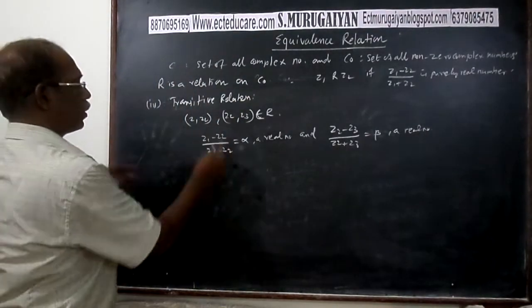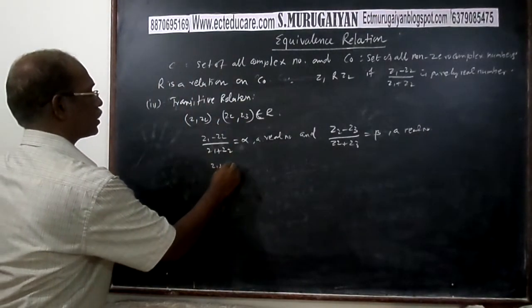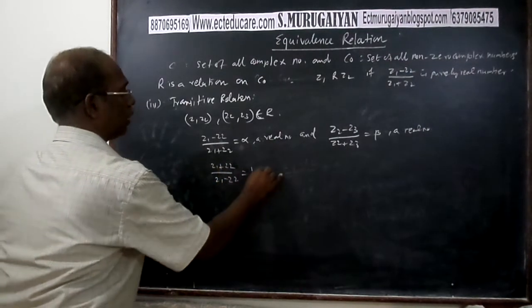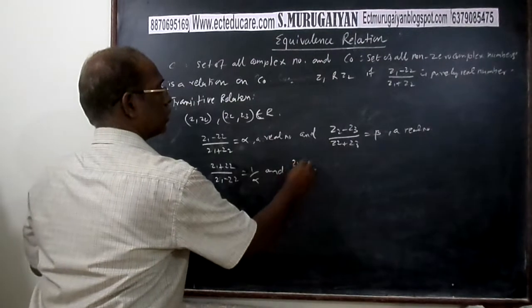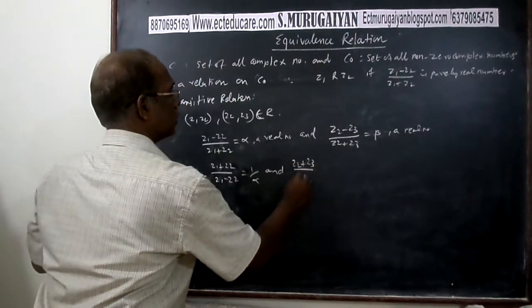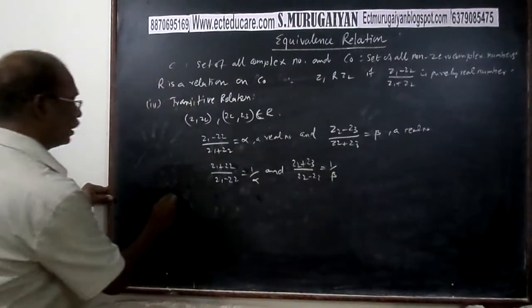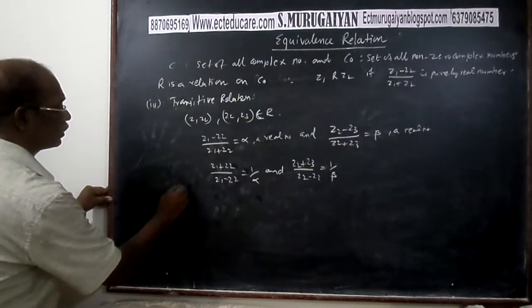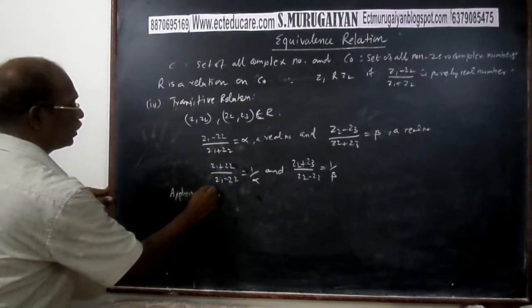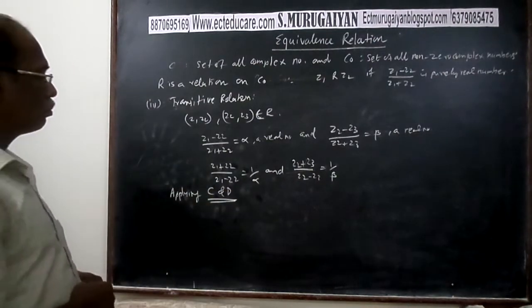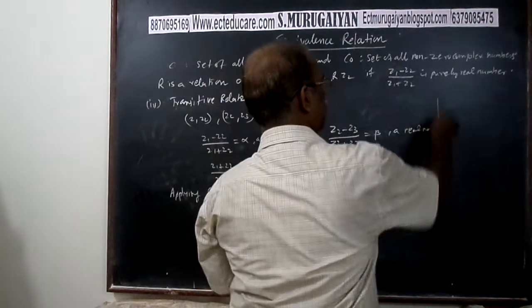Taking reciprocal, (Z1 plus Z2) by (Z1 minus Z2) equals 1 by alpha, and (Z2 plus Z3) by (Z2 minus Z3) equals 1 by beta, real numbers. Applying the componendo and dividendo rule. What is componendo dividendo?